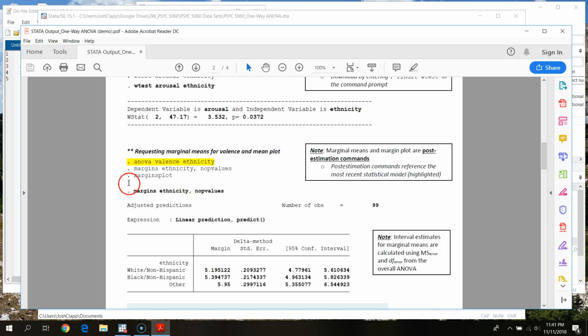And so this margins command and the margins plot, these are what are known as post-estimation commands. Okay, so what we do if we run a model, we've got a number of different post-estimation commands that we can run where it's just going to give us results derived from the previous model.